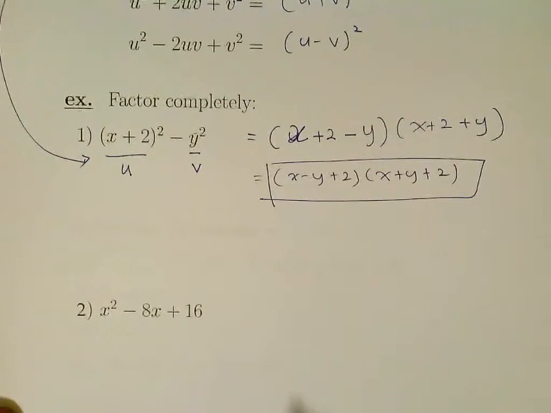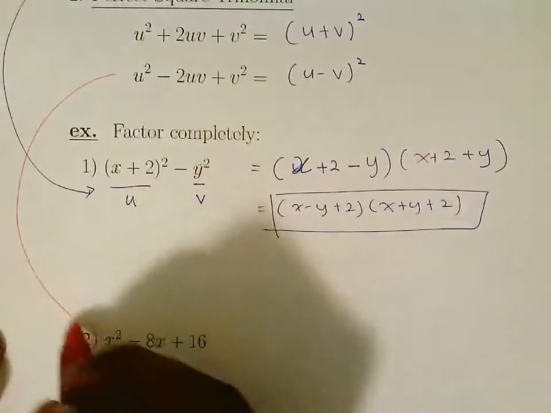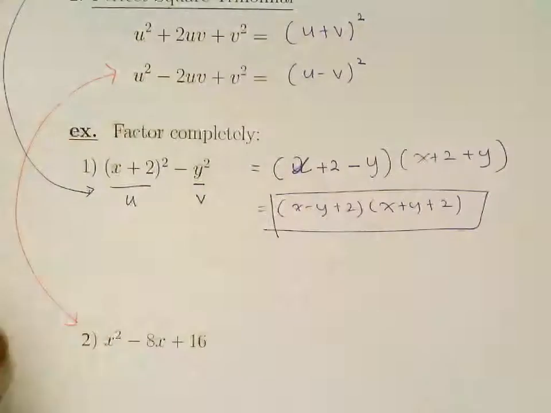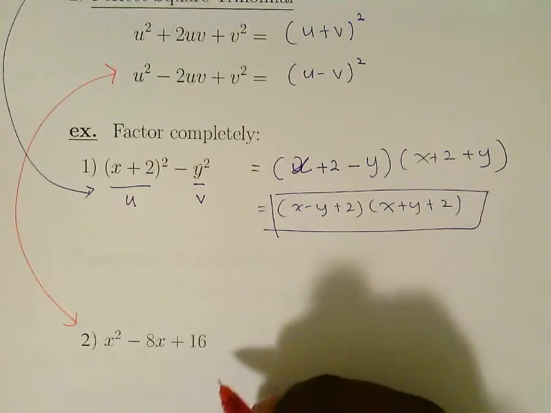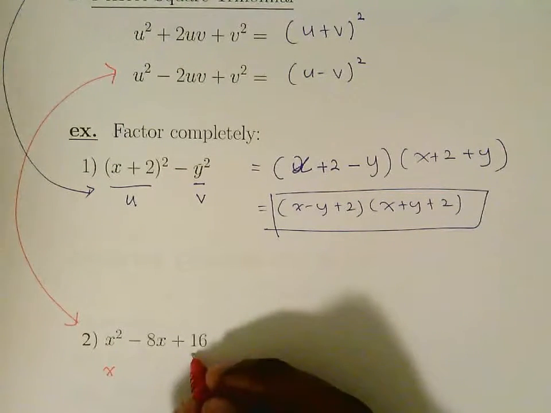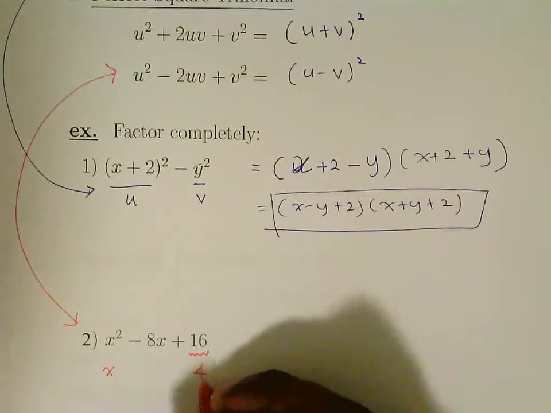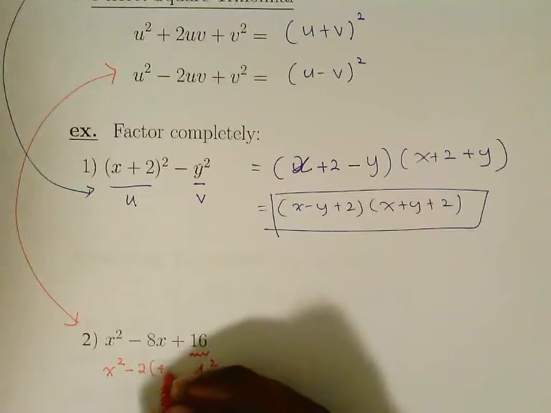And this one right here. Now it's three terms, and you can see these two are similar. You can see that this is x squared, this is 4 squared, and this is minus 2 times 4x.